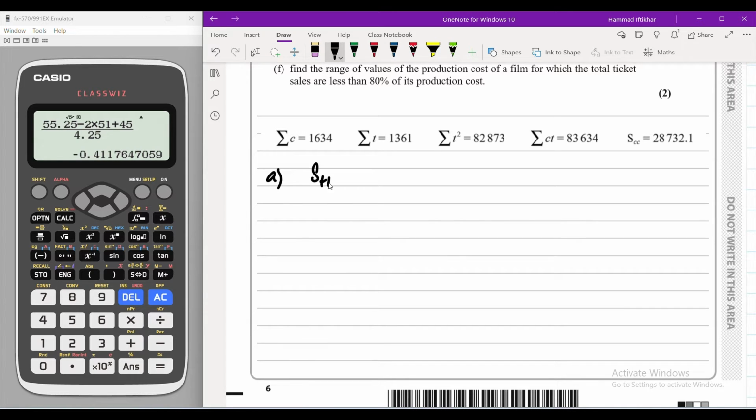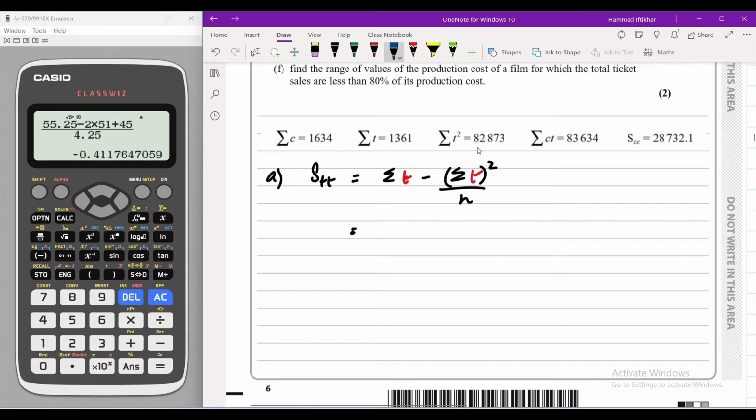For STT, we will have sigma x squared minus (sigma x) whole squared divided by n. Sorry, this was t, old habits.